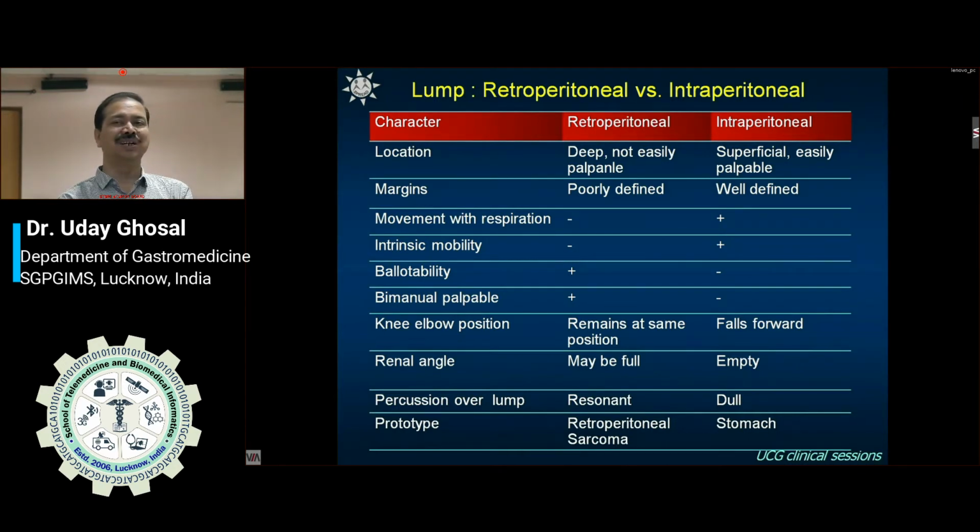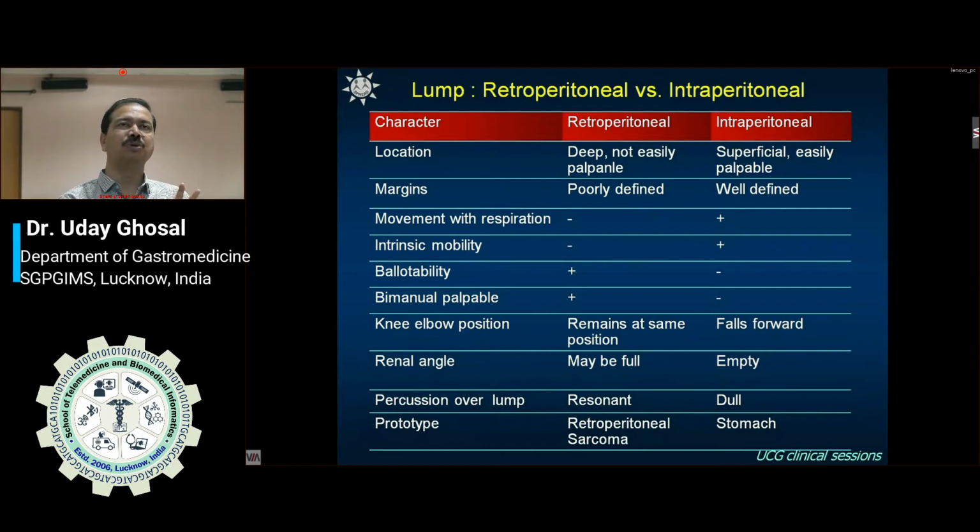Prototype of retroperitoneal lump is retroperitoneal sarcoma, and prototype of intraperitoneal lump, let us say gastric tumor, gastric tumor is the classic one. Let us say small intestinal tumor or small intestinal masses, they are intraperitoneal. Now remember one thing, lesser sac is an intraperitoneal structure. So when you get pseudocyst, though this is an intraperitoneal structure, it behaves like retroperitoneal.